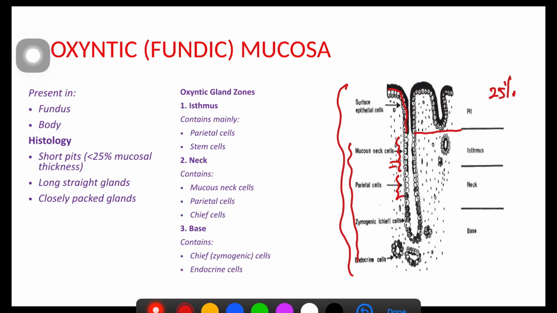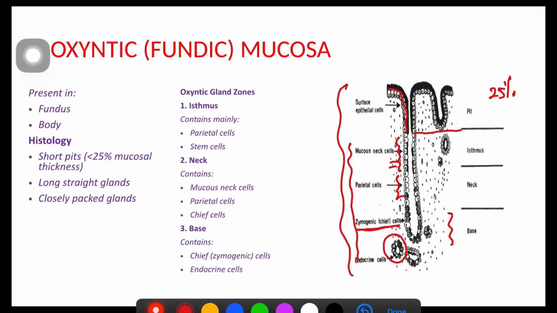In the neck region there are parietal cells and zymogenic or chief cells also present, and the base of the gland contains zymogenic cells as well as endocrine cells. So oxyntic mucosa will have many types of cells.